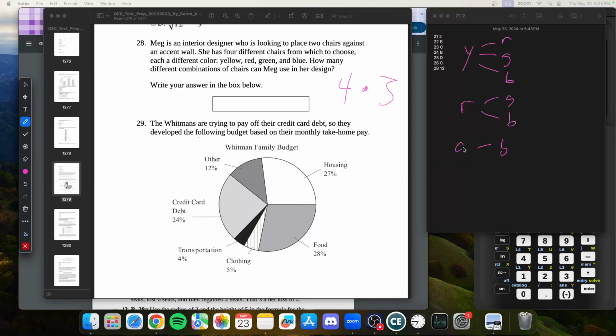So the answer is 12 if the order of the chairs matters. Now I'm curious. Is the answer actually 12 or is it actually 6? Is there a difference if I pick yellow then red versus red then yellow?